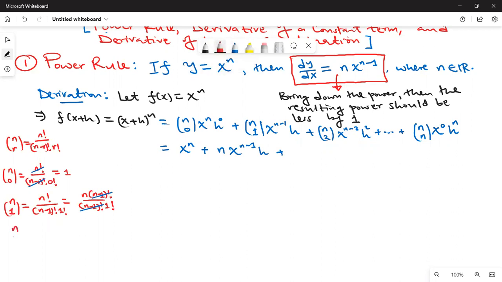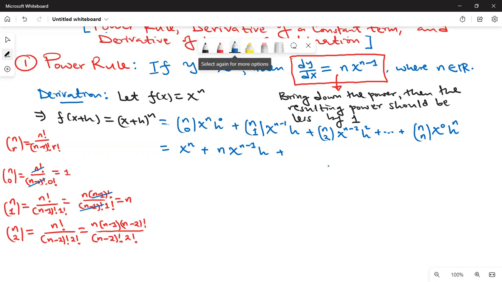So n combination 2 will give us n factorial over n minus 2 factorial times 2 factorial. This is equal to n times n minus 1 times n minus 2 factorial over n minus 2 factorial times 2 factorial.